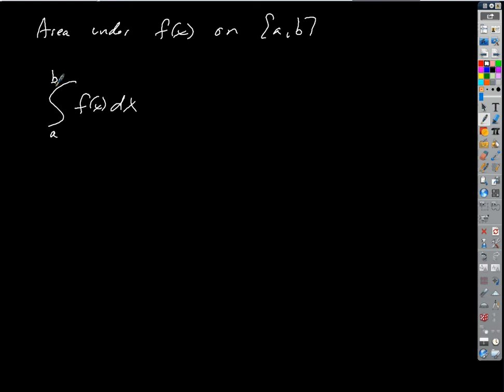These are what we call the limits of integration, and they mean the boundaries of the area under which we're adding up an area. Okay? And we would write the answer as capital F of x, where capital F of x is our antiderivative, evaluated from a to b, which is simply the antiderivative at b minus the antiderivative at a.